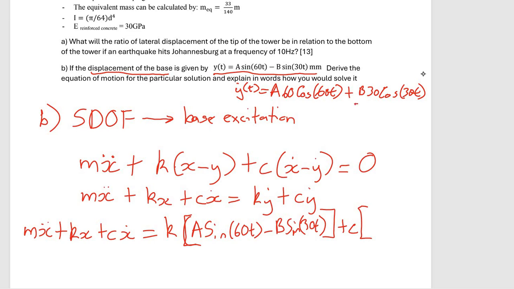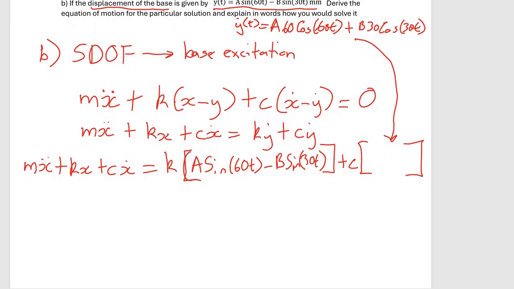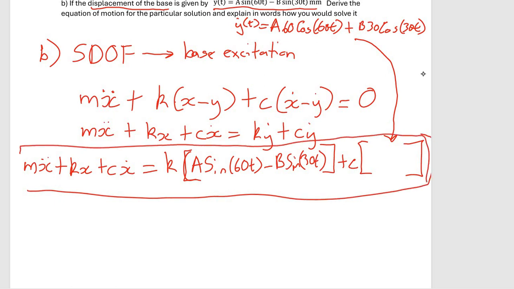So I'm just going to say that should come in this bracket since I am running out of space. So that is going to come into this bracket, right? So such that at the end of the day, what you are going to have is this particular expression. This boxed expression is the one that you're going to have, right?